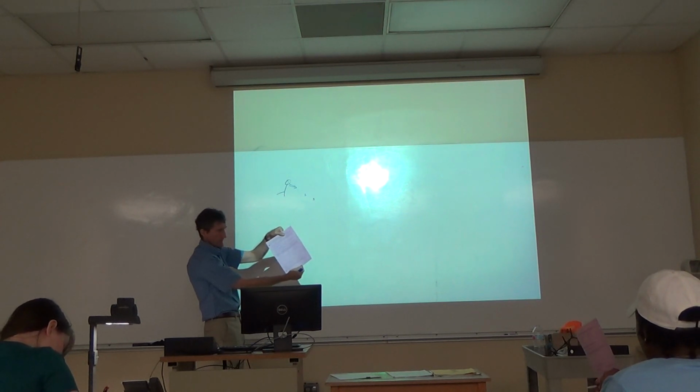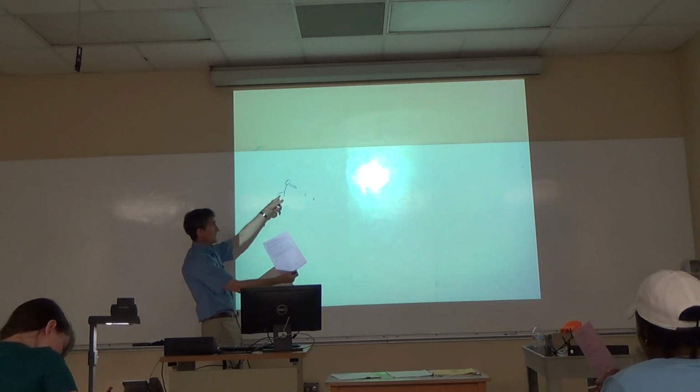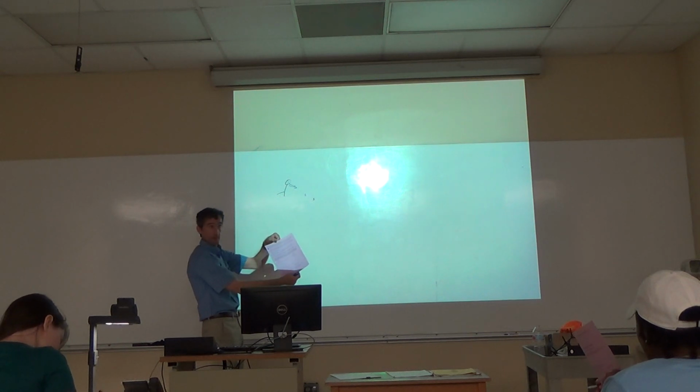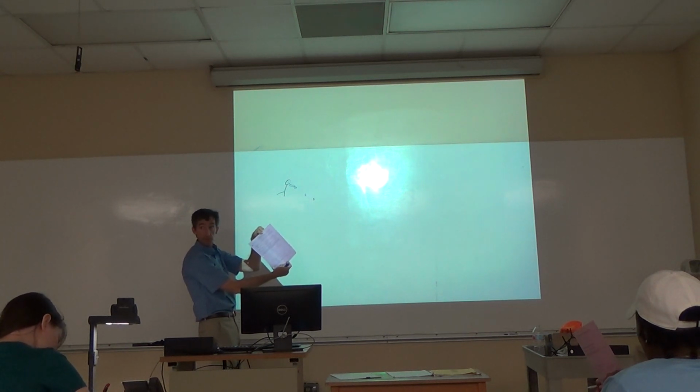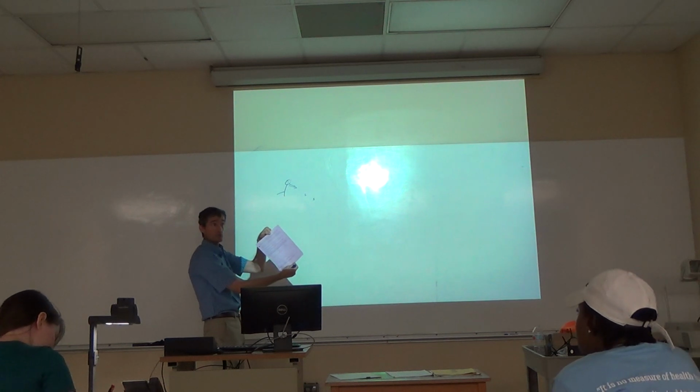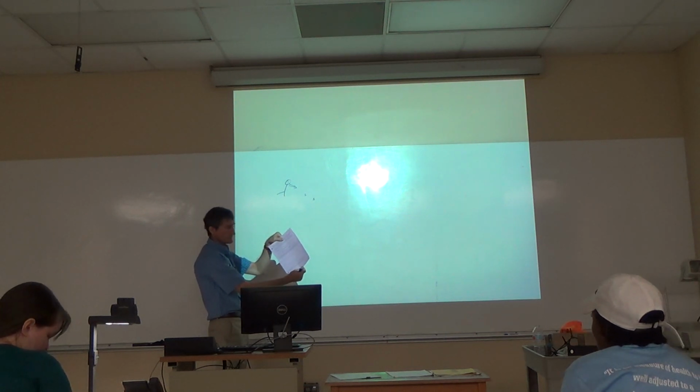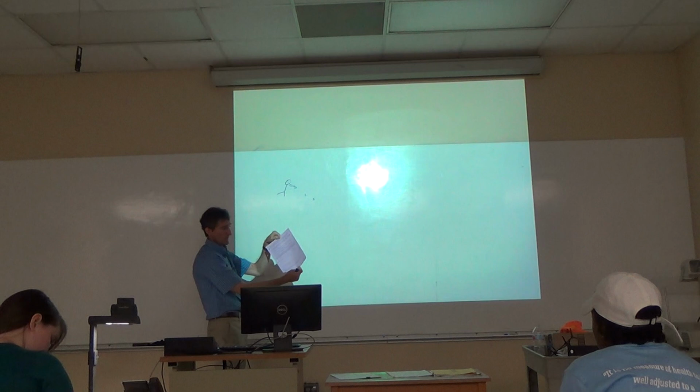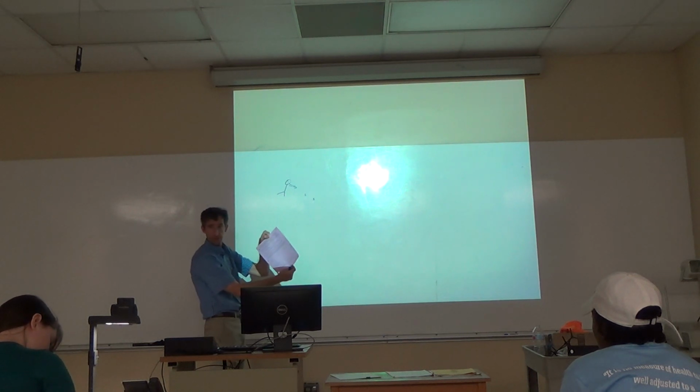So that's me looking at it up there. This is me looking at it in real life. You can turn your paper. Now, you want to hold your paper like this, looking down the 2, 3 bond.